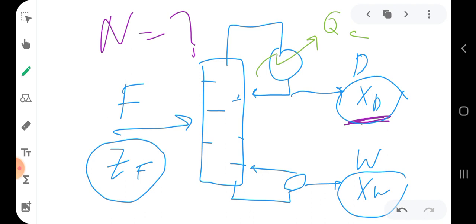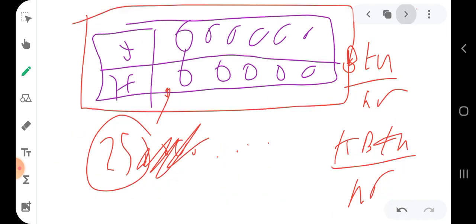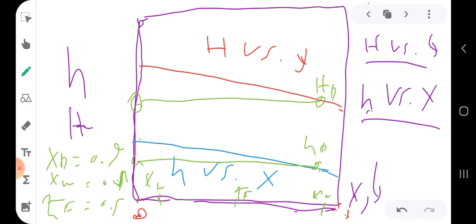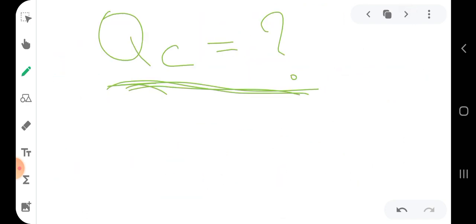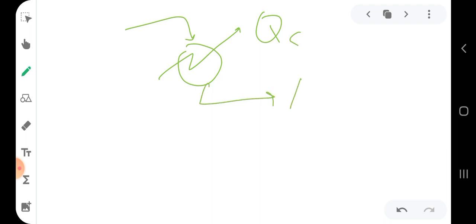So let's take this condenser as our control volume and let's apply the energy balance. So taking this condenser as my control volume, I am just zooming in on the condenser, and this is the distillate, and this is the L, and this is the vapor going up from the column into the condenser, and it will condense.